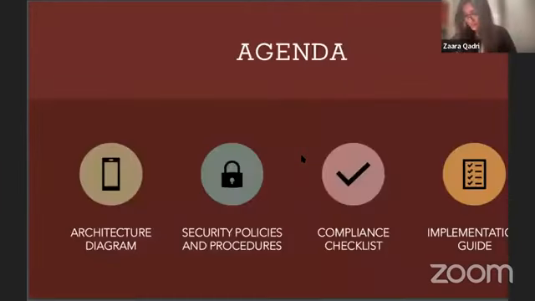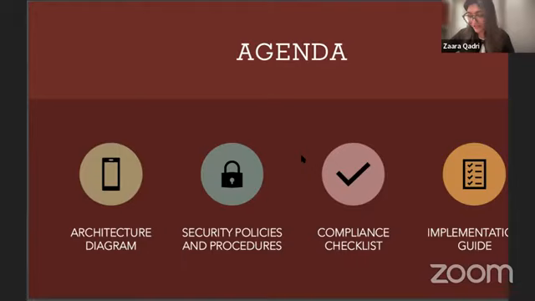All right. So today, let's start out by laying out what we're here to accomplish. I've been tasked with designing an AWS architecture that's not only secure, but secure enough to meet the stringent requirements of PCI DSS. For those of you who are not familiar with it, it is the Payment Card Industry Data Security Standards.